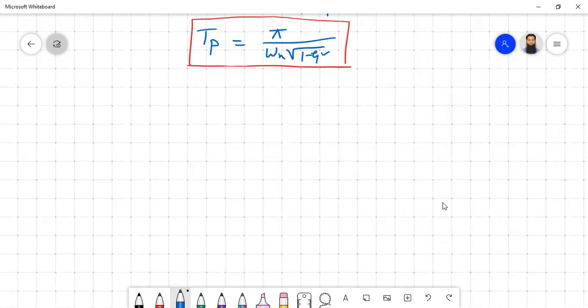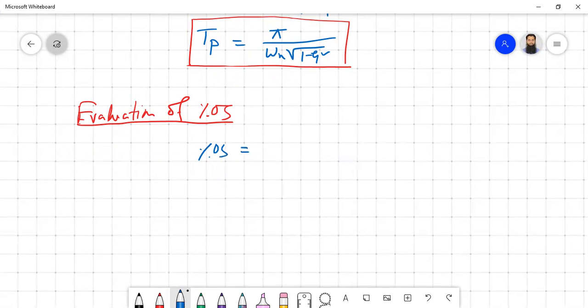Definition-wise, percentage overshoot means how much C max is overshooting compared to your final value. So C max minus C final with reference to C final, into 100.